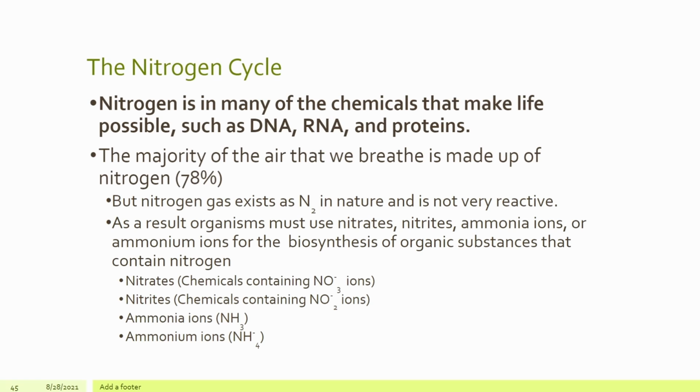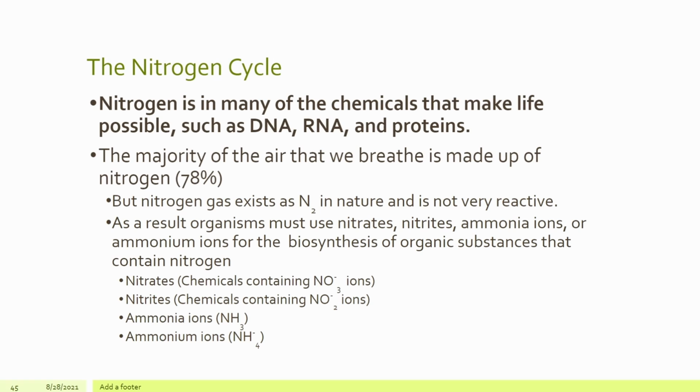As a result, organisms have to use nitrates, nitrites, or ammonium ions for the biosynthesis of organic substances that contain nitrogen. So essentially N2, or nitrogen gas, must be converted into these nitrates and nitrites and ammonia or ammonium, because otherwise living organisms can't use them.